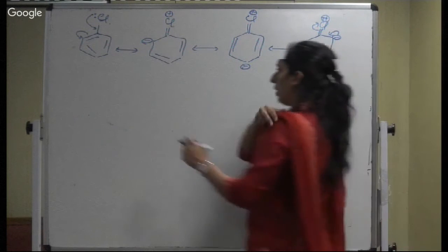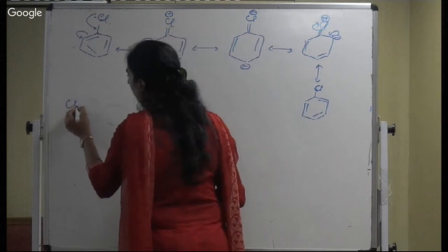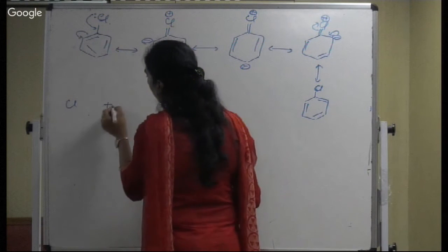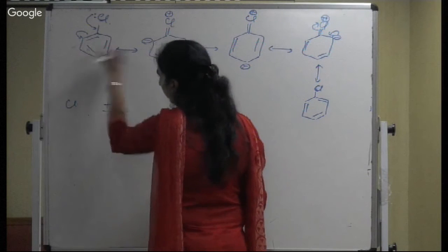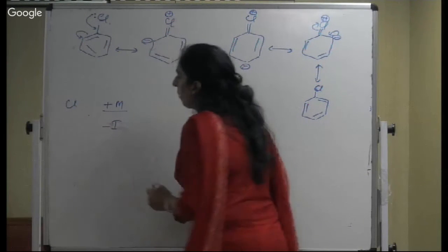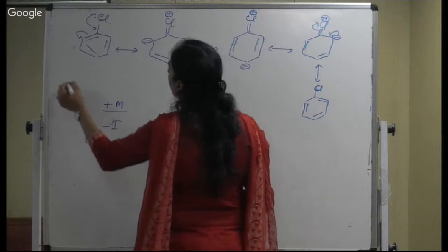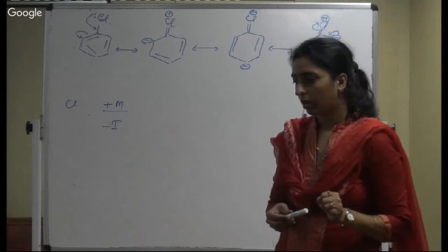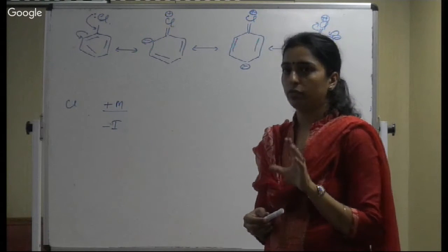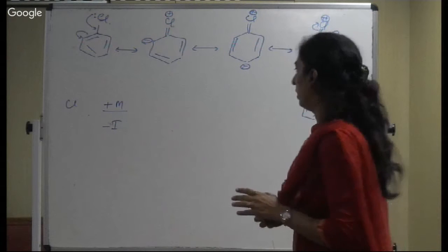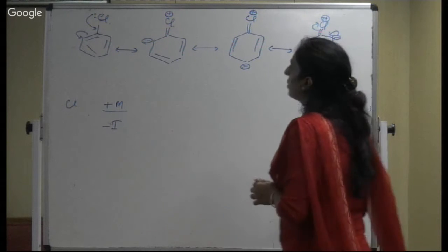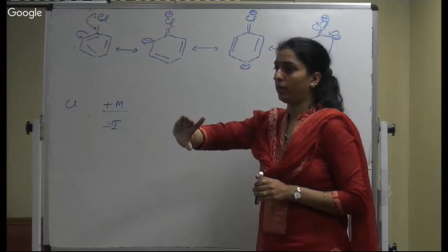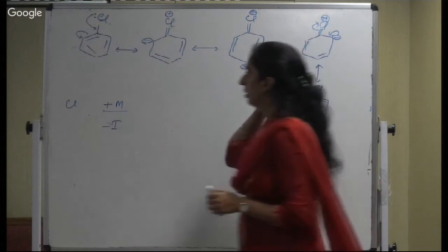You know that chlorine is otherwise electronegative. So there are two effects operating. One is called the mesomeric effect, which you can see, and another one is called the minus I effect. Right now I'm telling you, in the case of aryl halides, whenever we want to carry out any reaction, whether it is activated or deactivated towards electrophilic aromatic substitution, I'm just telling you that right now.